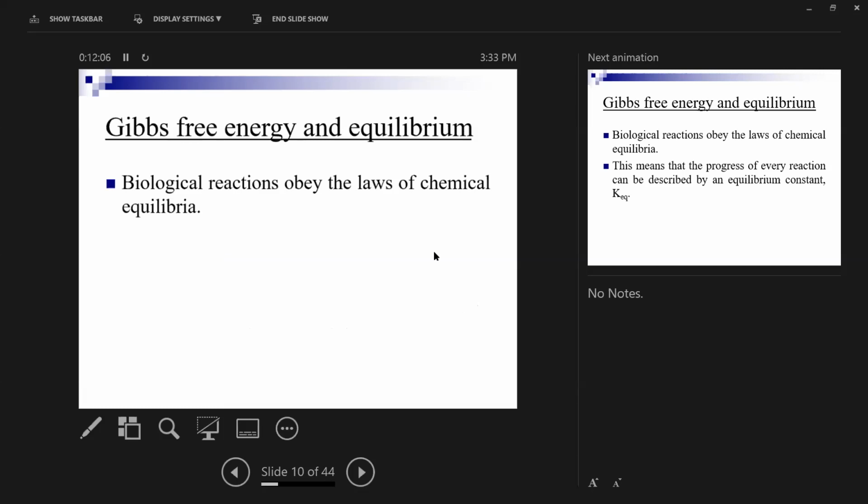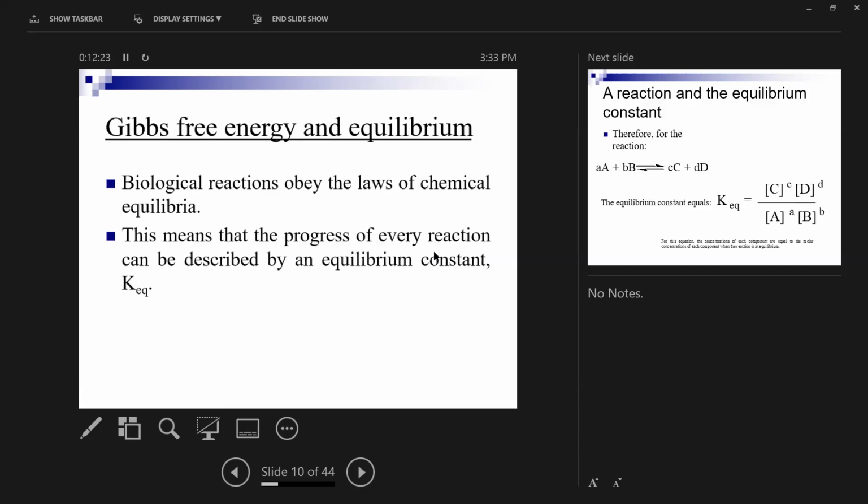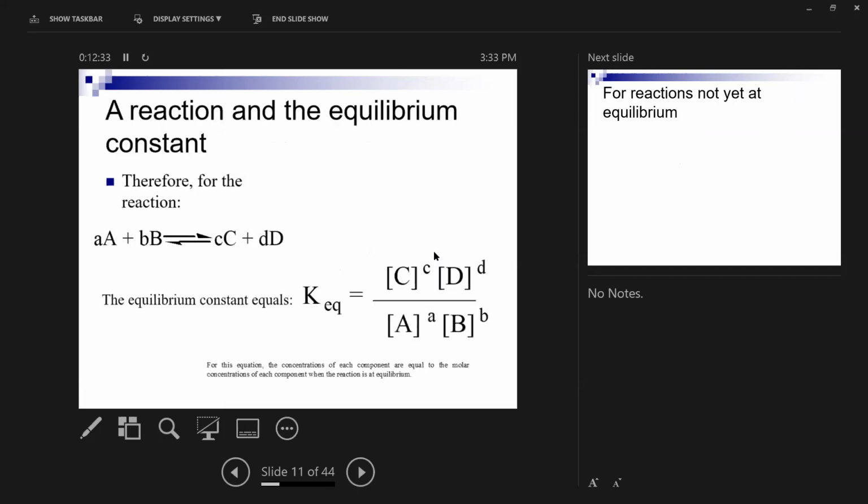Now, let's relate this to our reactions, because reactions, doesn't matter if they're inside cells or outside cells, they still obey the laws of chemical equilibrium. So the progress of every reaction can be described by its equilibrium constant, Keq, and you've seen this before, so just run through this.